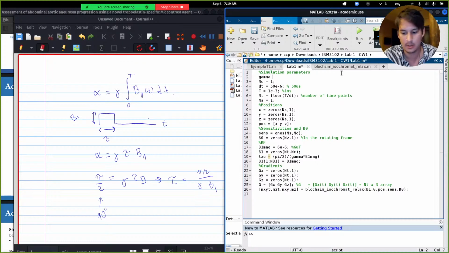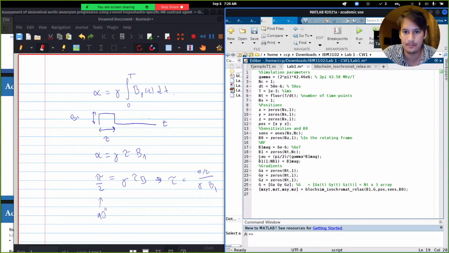Gamma is the gyromagnetic ratio of hydrogen, so that's 2 pi times 42.58 megahertz divided by Tesla.